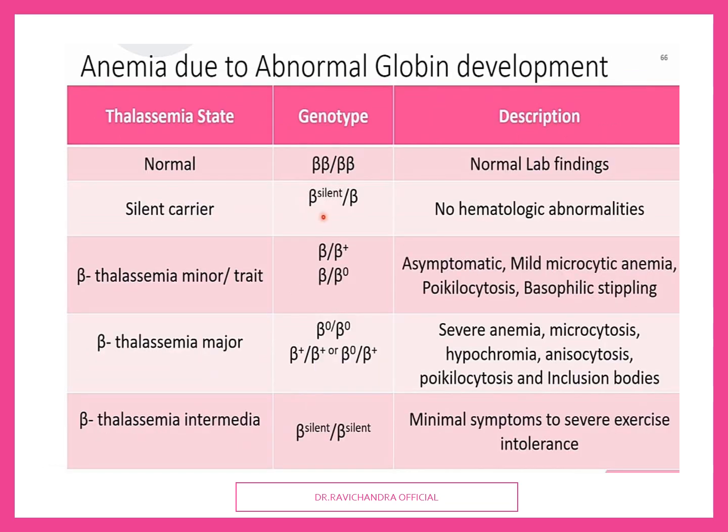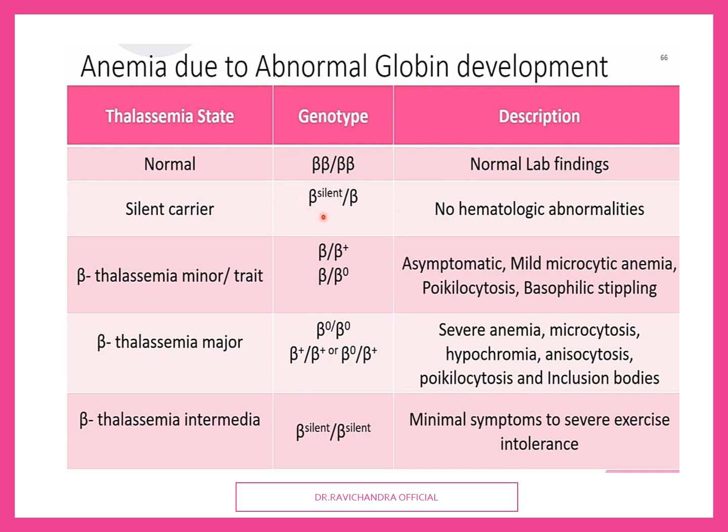Coming to anemia due to abnormal globin development, the thalassemia states because of the beta chains. In the normal beta thalassemia state, there will be normal laboratory findings, and in the silent carrier there will be no hematological abnormalities, just like the alpha silent carrier. In beta thalassemia minor or trait, there will be asymptomatic conditions, or mild microcytic anemia is seen along with poikilocytosis and basophilic stippling.